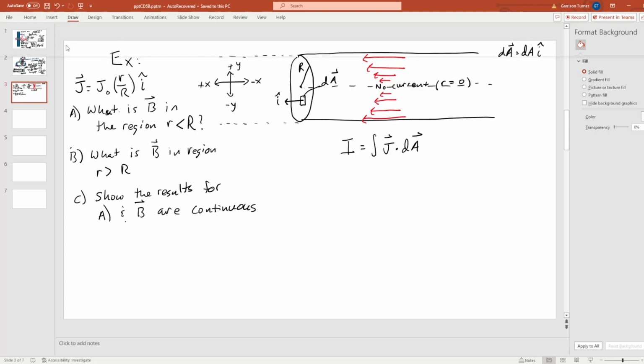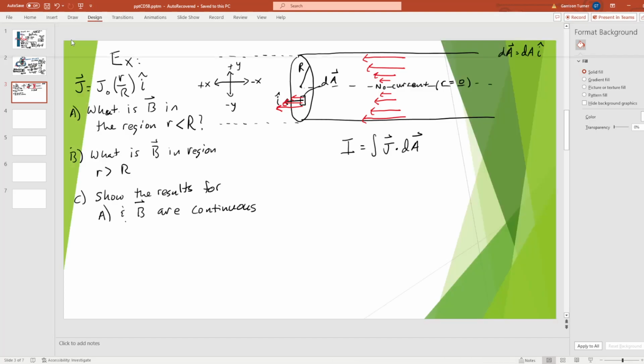And my current is acting like this through this surface area element. Okay. But it's also in the I direction.